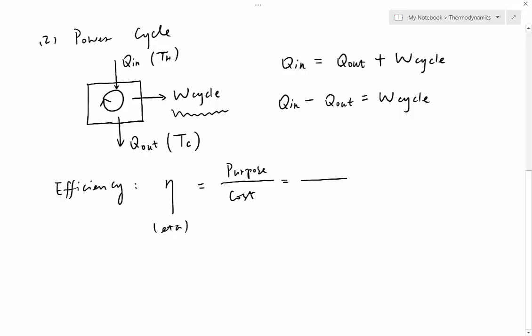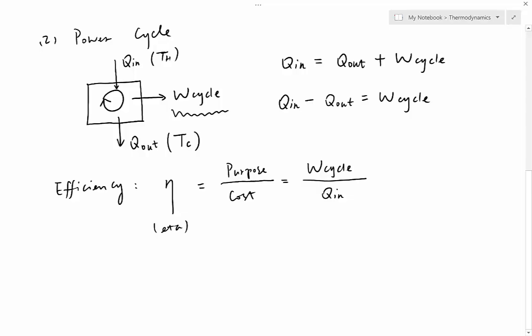Okay, what is the purpose of this cycle? The purpose is to generate work, which is W cycle. You need W cycle to drive your car. And next one, divided by cost. What is the cost? When you drive your car, what do you pay? You pay for the gas. What does the gas give you? Q in.